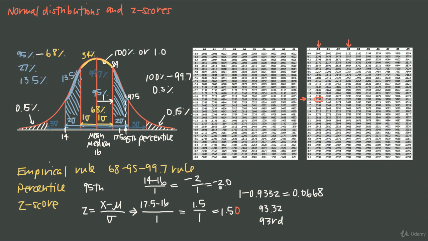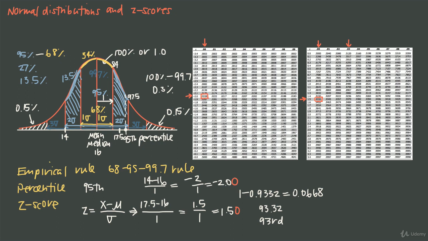So a z-score of negative 2, again, we come down here on the left to this point right here, negative 2.0. And again, because we don't have an additional decimal place, this is negative 2.00. We're just looking up this column right here. And the intersection of those two is this value right here, 0.0228.